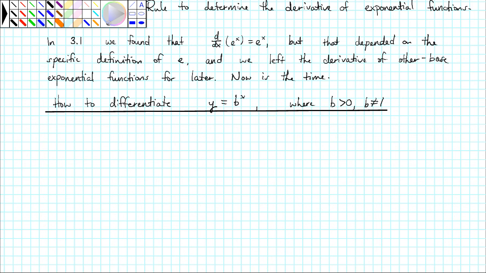So remember that y equals a to the x is equivalent to saying log base a of y equals x.